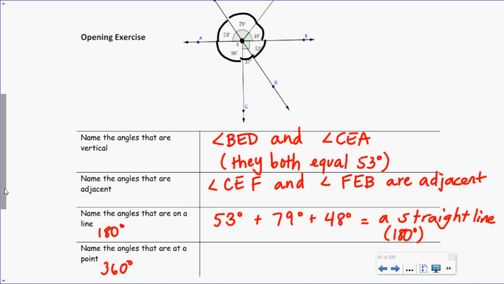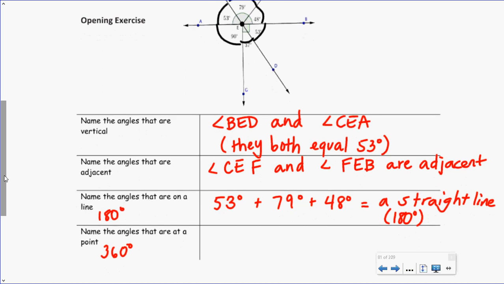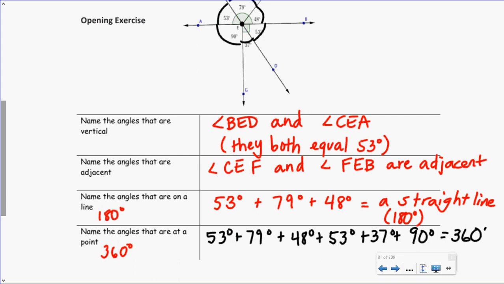If you want, you can add all those up to prove it, but we're just going to go ahead and write it like this. 53 degrees plus 79 degrees plus 48 degrees plus 53 degrees plus 37 degrees plus 90 degrees equals 360 degrees. Okay, so those are the angles on a point.